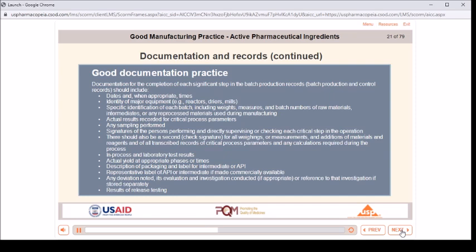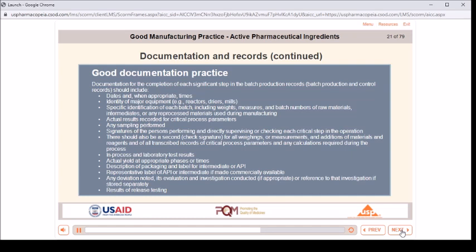There should also be a second check signature for all weighings or measurements and additions of materials and reagents and of all transcribed records of critical process parameters in any calculations required during the process.